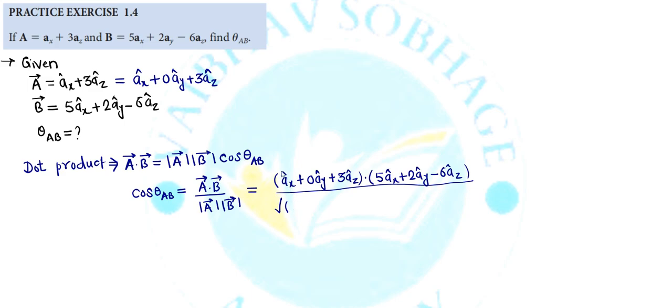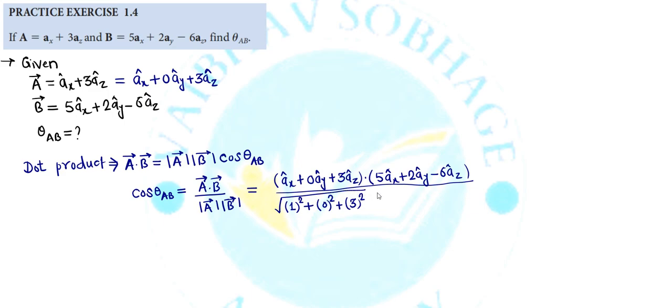Here we can see over here, very firstly we have the component along x to be 1. Then we have the 0 component along y direction, and then we have the 3 as component along z direction.